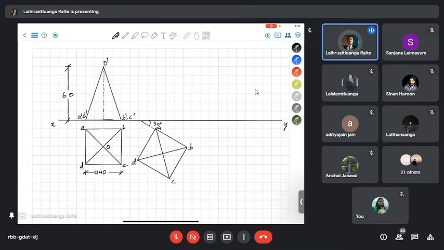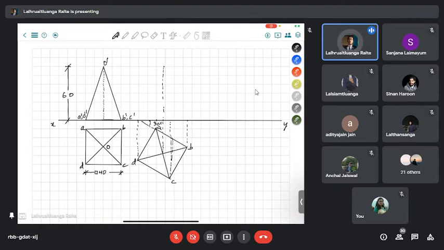So our point D is now going to come somewhere over here. Point A over here. Oh, sorry. Point C and point B. Height still here. So this is going to be our tip.